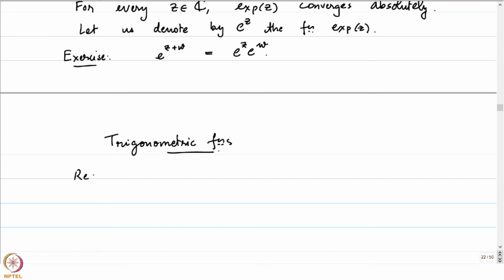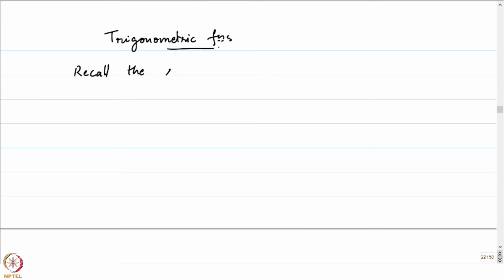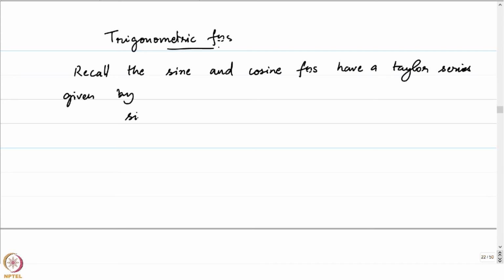Again, I'll start by recalling that the sine and cosine functions have Taylor series given by sine of x equals summation minus 1 to the power n x to the power 2n plus 1 by 2n plus 1 factorial, where the series is from 0 to infinity.